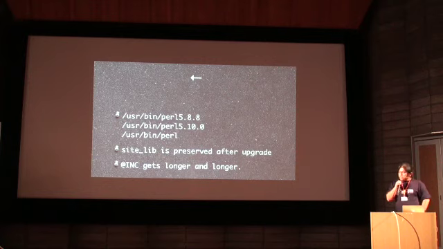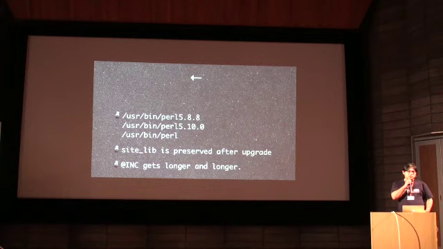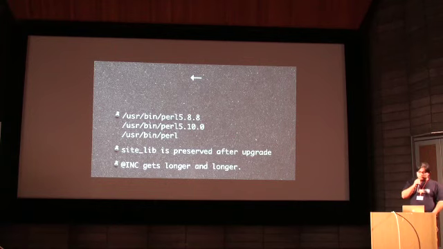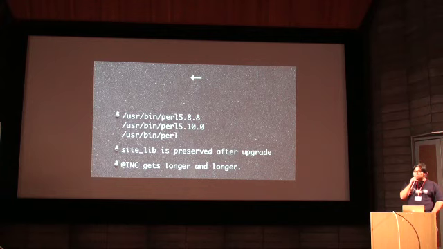Actually, when you install or upgrade Perl, you have this version number on the Perl executables. So when you upgrade to a new Perl, the old one doesn't just disappear. It is still there. However, the newly installed Perl will contain the old sitelib, or the @INC directory.